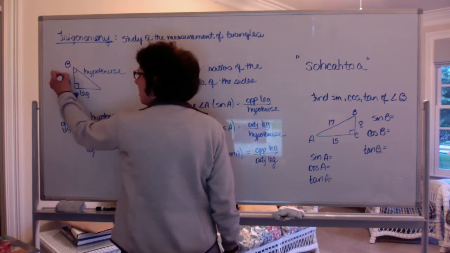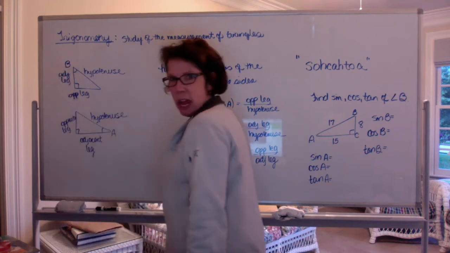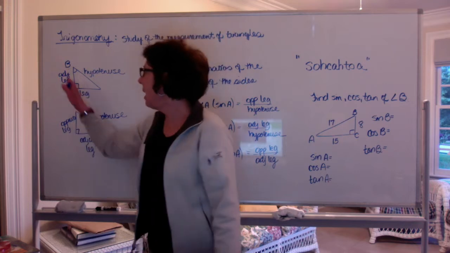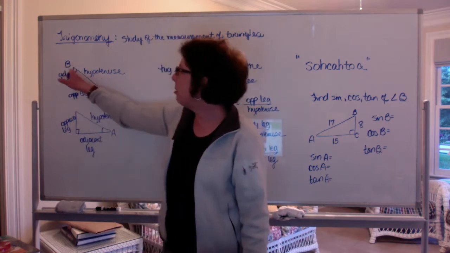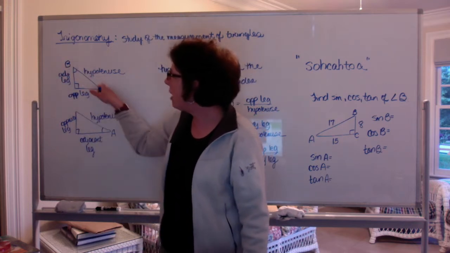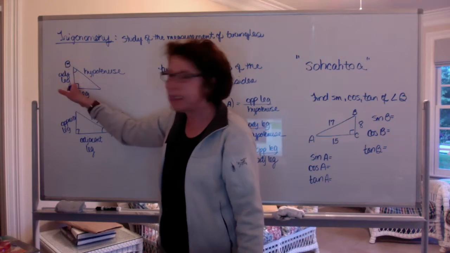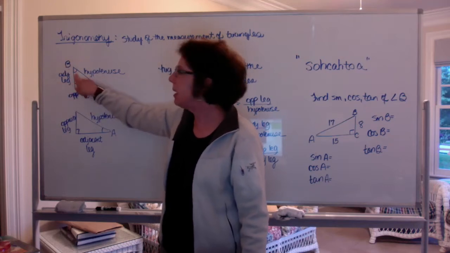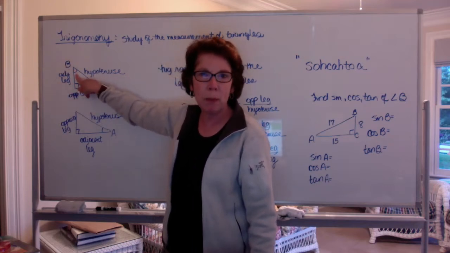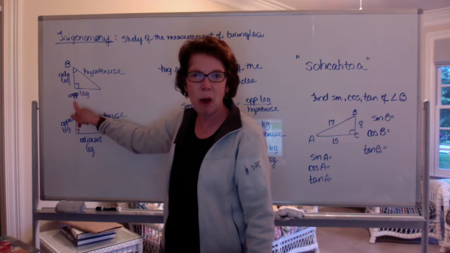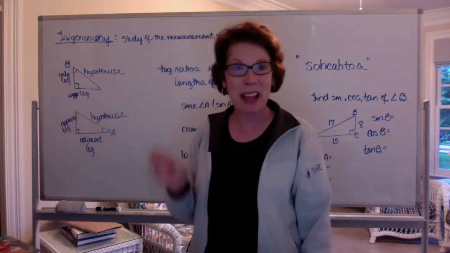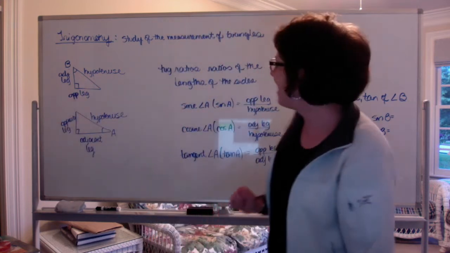It's right next to angle B. It's adjacent. Okay? So for angle B, the hypotenuse represents one of the segments, and the adjacent leg represents the other segment that make up angle B. Opposite is across. Okay, that's very important. That's really the key to understanding how these work.